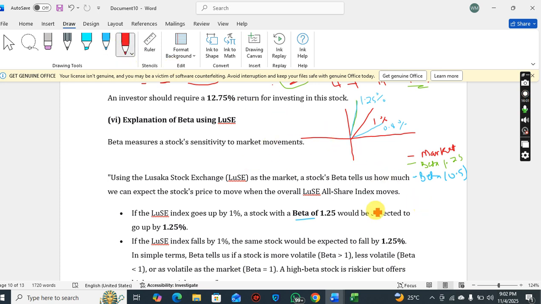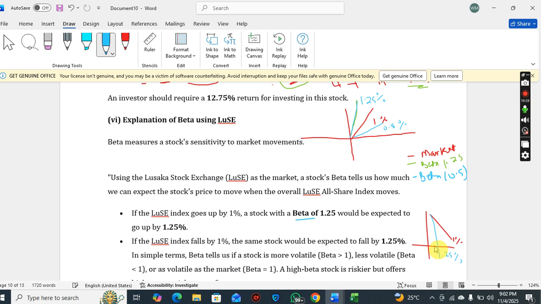With a beta of 1.25, your share price is going to drop by 1.25%.